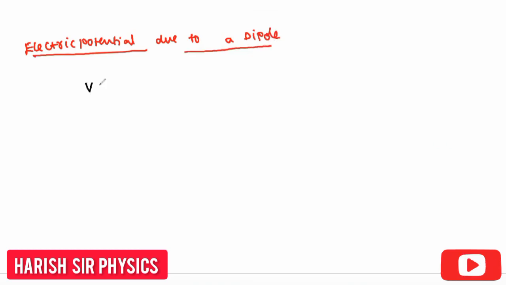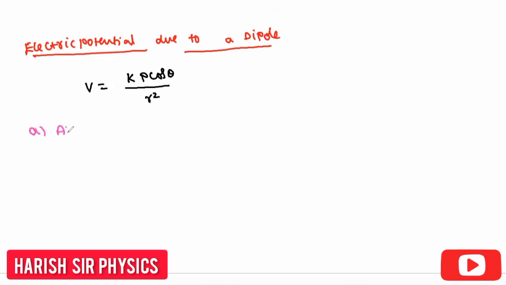Next one, electric potential due to a dipole. V is equal to K into P cos theta divided by R square. There are two conditions.